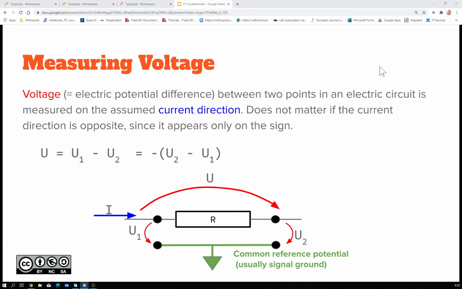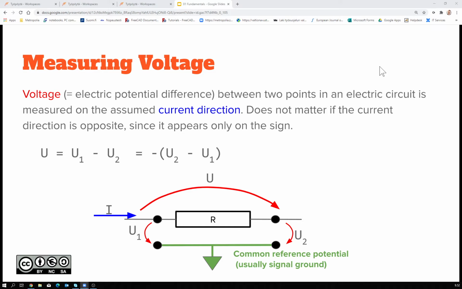That gives you less confusion than just measuring and twiddling and thinking which is the current flowing direction, since the current direction actually matters. By always keeping the positive lead on the higher voltage terminal, that helps the analysis. It doesn't matter if you guess wrong, since the measurement will just have a negative value.